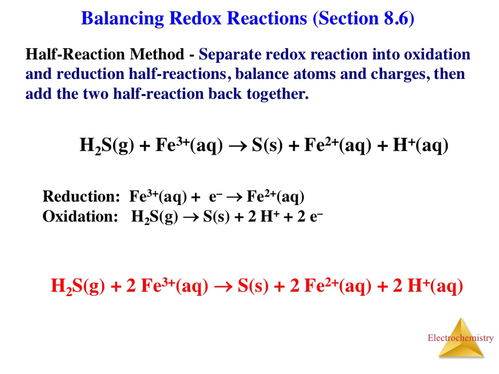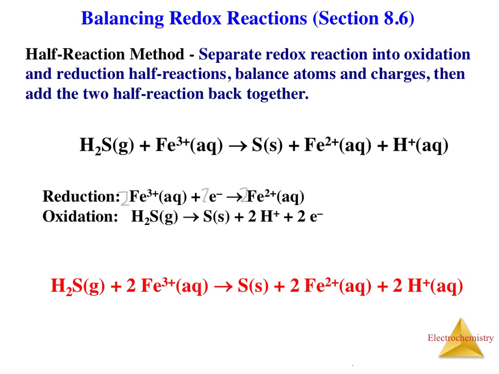It's balanced with elements, but it doesn't balance with electrons. And so I have to multiply the top reaction by 2 so that I lose 2 electrons and I gain 2 electrons.